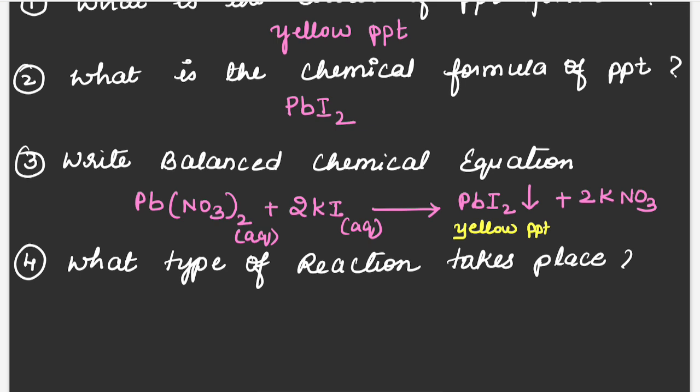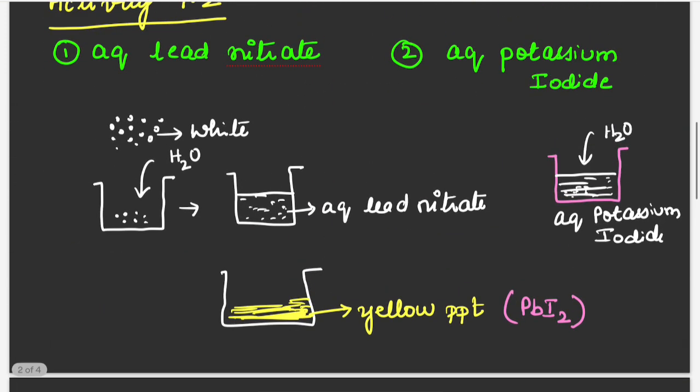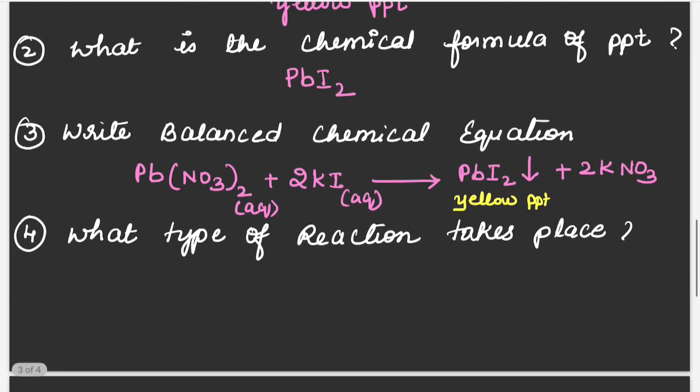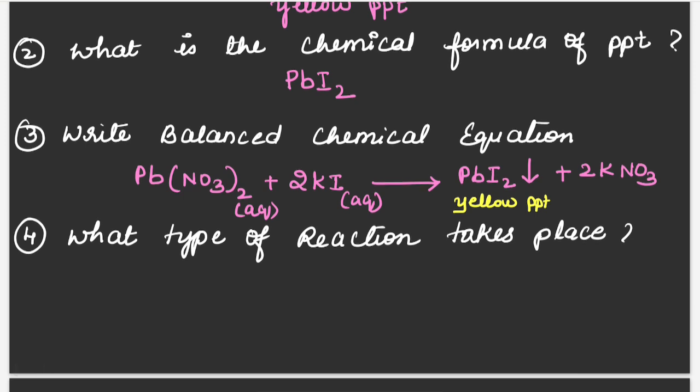Next, the last question: what type of reaction is taking place? Here you can see a double displacement reaction is taking place. If you see this chemical reaction, lead nitrate and potassium iodide, lead is combining with iodine, so it becomes lead iodide. And next, potassium is combining with nitrate and forms potassium nitrate.